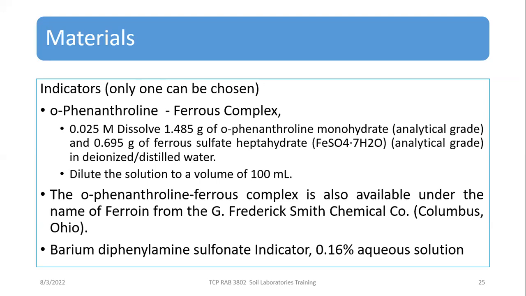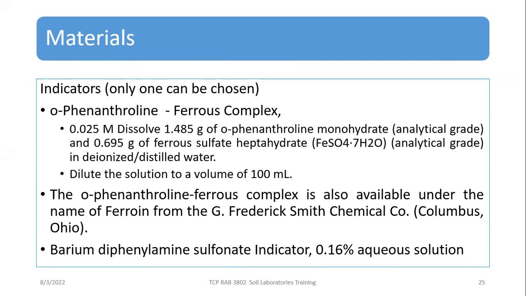Then you can dilute the solution to a volume of 100 ml. The phenanthroline ferrous complex is also available under the name of ferroin, a commercial name from the G. Frederick Smith Chemical Corporation, Columbus, Ohio.